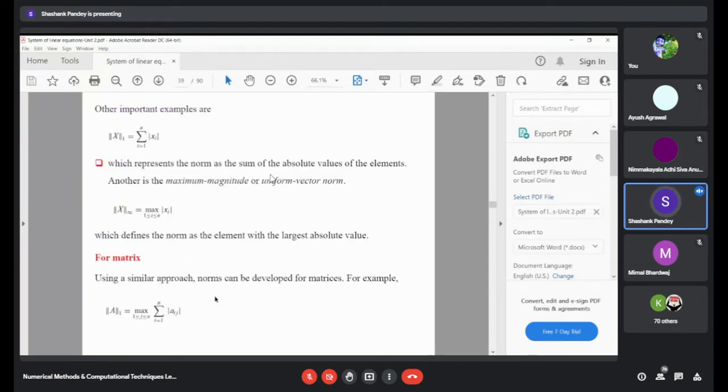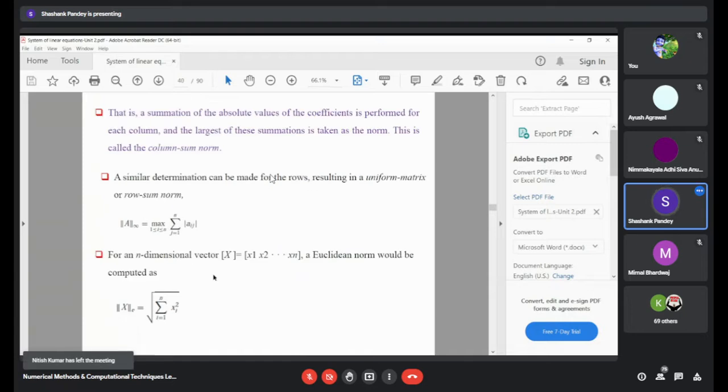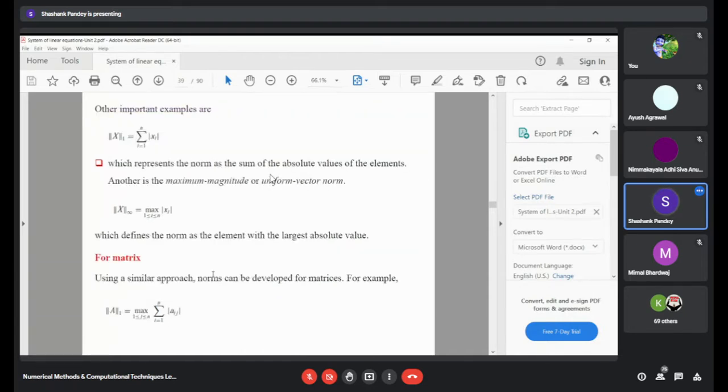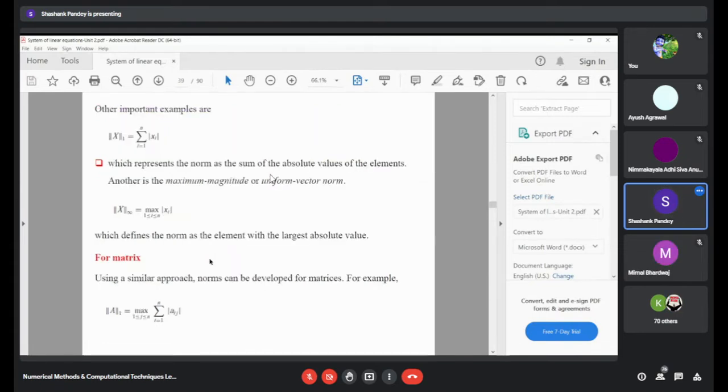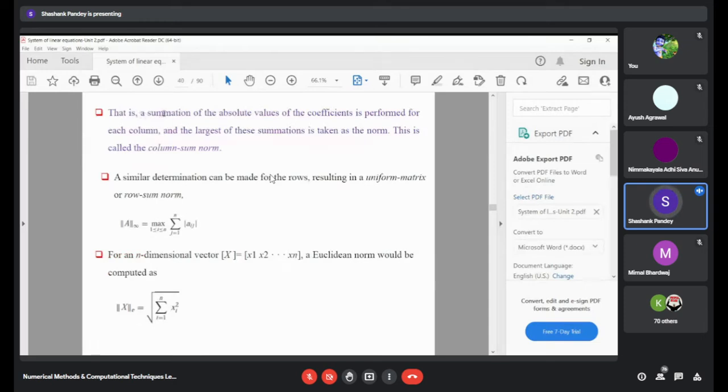Here we see a matrix. There are norms. What is this norm about? Suppose we wish to calculate the norm of a matrix. What we do is perform the summation of the absolute values of the coefficients for each column, and the largest of these sums is taken as the norm.